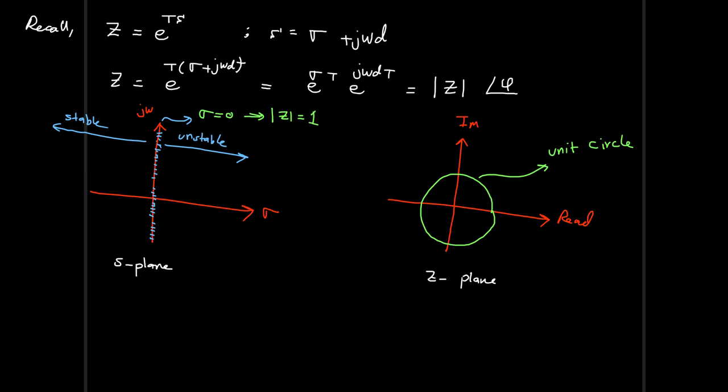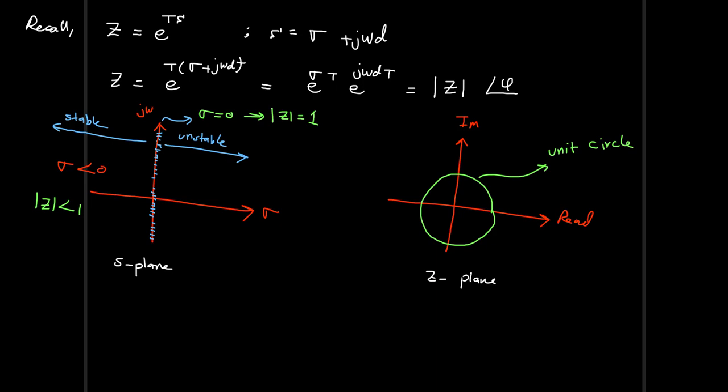Now if we are to the left of the j omega axis, this means that sigma is less than 0. So this means that the amplitude of the z will be less than 1.